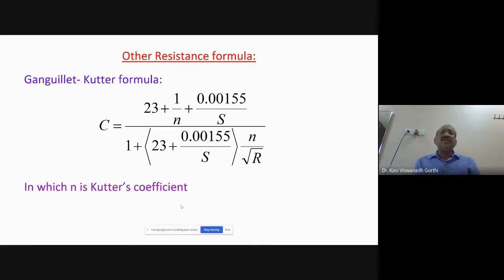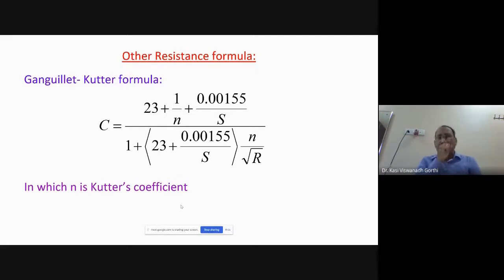There are various other local resistance formulae also. Because these are all semi-empirical formulae, where Chezy's coefficient C depends on so many parameters and Manning's coefficient n once again depends on various parameters, it becomes very difficult to make use of a generalized formula for all conditions, for all channels.